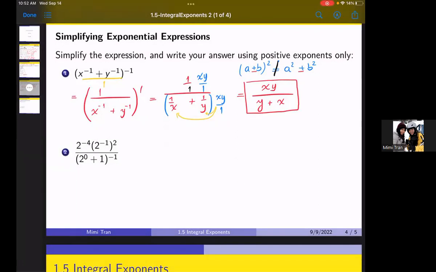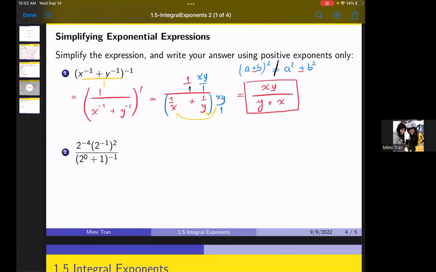If I was you, I'd start with one thing at a time. Start with the denominator first. So 2 to the 0 is, anything to the power of 0 is 1. So 1 plus 1 is 2 to the negative, and then just leave it, 2 to the negative 2. So that's 2 to the negative 1. Okay, and now you take care of the top.